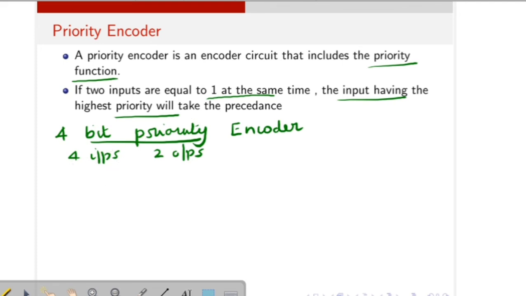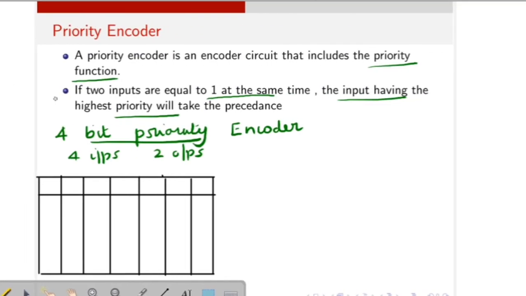Next we can draw the truth table. So this is the truth table. There are 4 inputs: D0, D1, D2 and D3. Then 2 outputs, that is X and Y. Then one more output, that is V. It is the valid output.